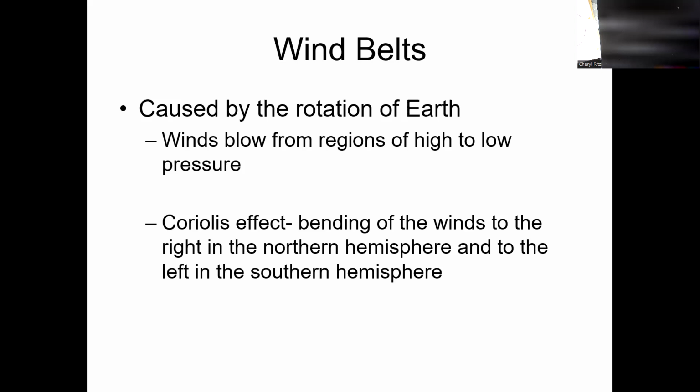So the Coriolis effect is that apparent bending of the wind due to Earth's rotation. The wind belts will bring the weather from where they're blowing from. So with India, if the winds were coming off the mountain, that was during the dry season. And then when the wind shifted and blew from the ocean, that brought with it the monsoon.